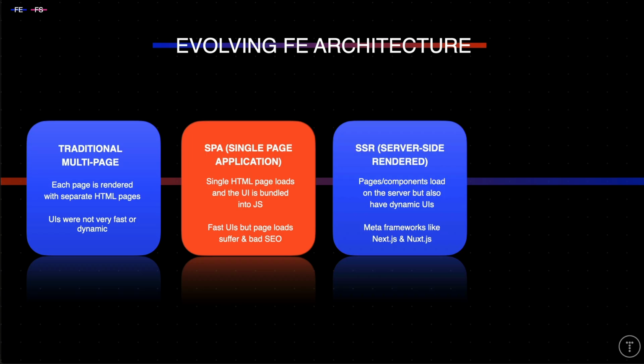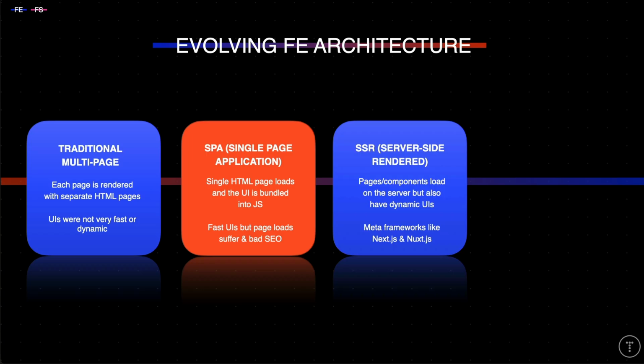And we do this through what are called meta frameworks or SSR frameworks. There are different names for them, but some examples are Next.js, where you can use React and have your pages server-side rendered, Nuxt.js for Vue, and SvelteKit for Svelte.